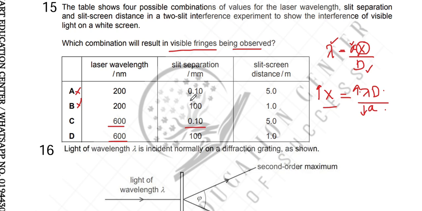We see 0.1 and 100, so 0.1 would be selected, and in D we have 100, so we got our answer, that is C. One more check is not necessary, but if D is more then x is more, so that also matches. So our correct answer is C.